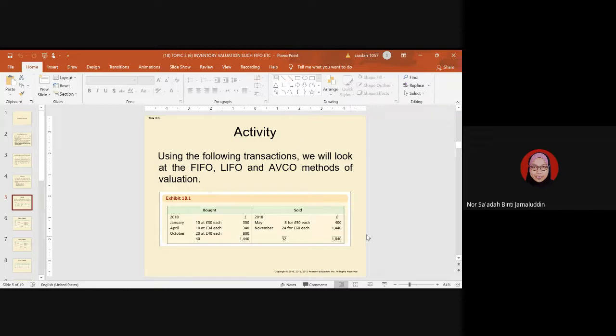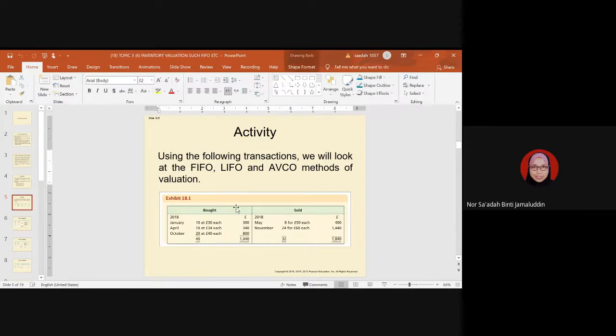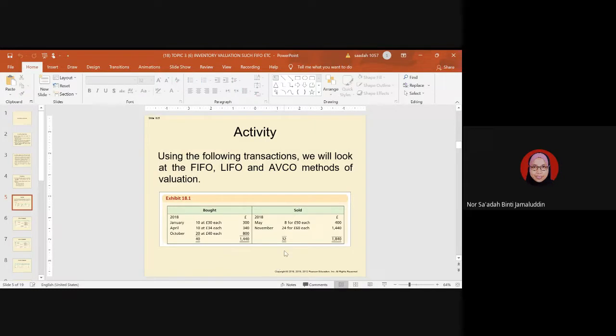Kenapa kita kena tengok satu soalan yang sama dengan tiga-tiga kaedah penilaian inventory? Kerana kalau kita buat penilaian berdasarkan contoh yang berbeza, dia tak adil. Kita tak boleh nak decide which method is better.